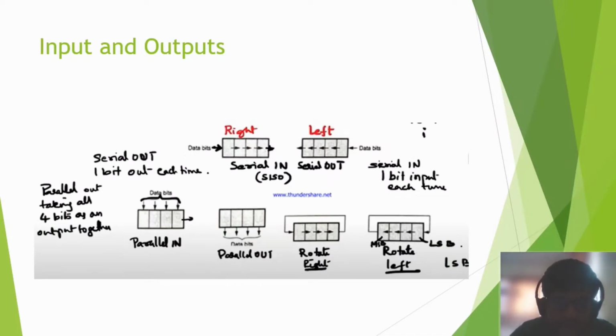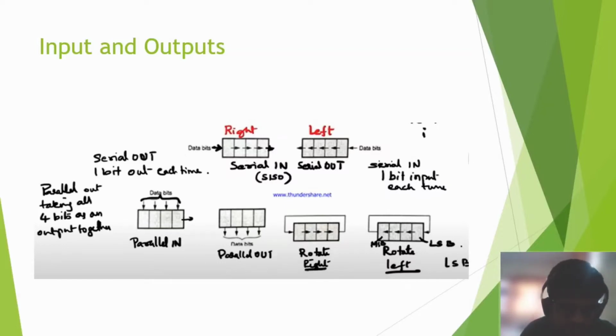Here, for a shift register, there are two types of inputs and two types of outputs. Serial in and parallel in are two types of inputs. Serial out and parallel out are two types of outputs. Let's understand each one at a time. Serial in means we give one bit of input at each time or each clock pulse.